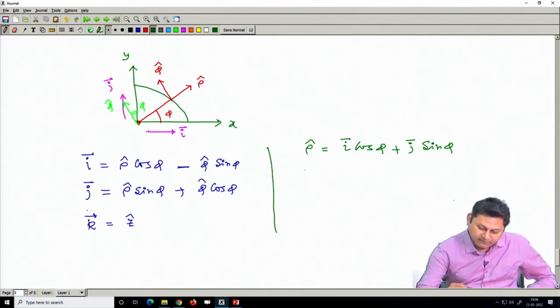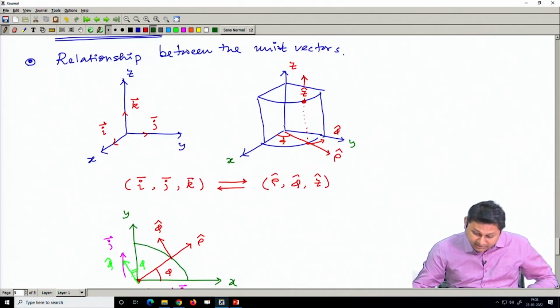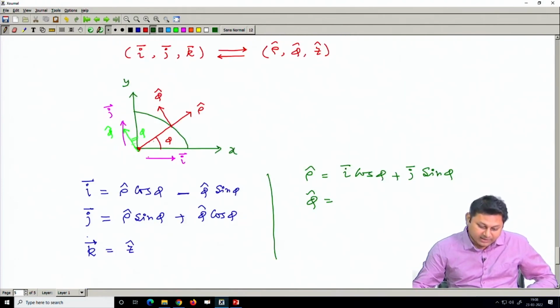Similarly, the phi unit vector, if I want to decompose along ij, phi is in this direction.